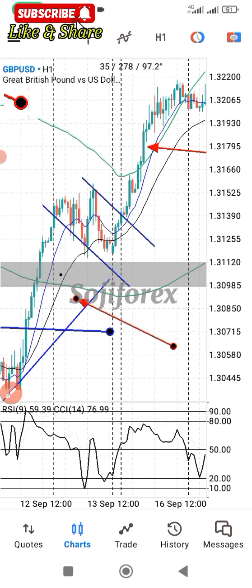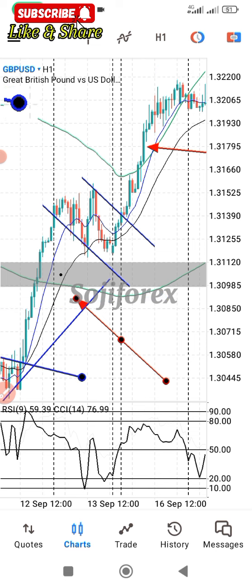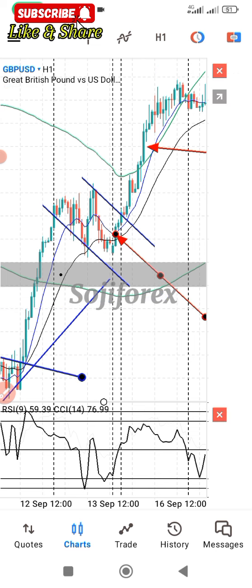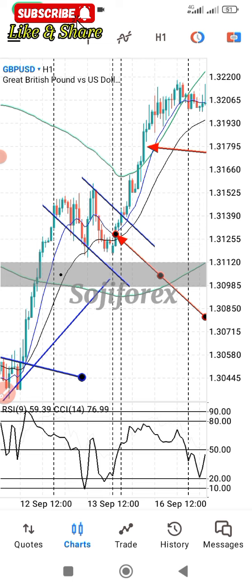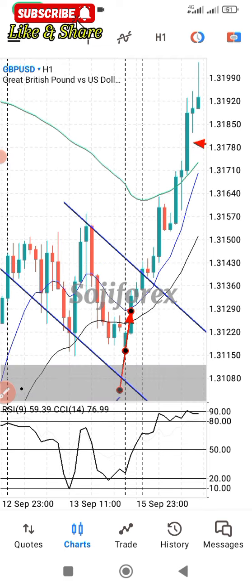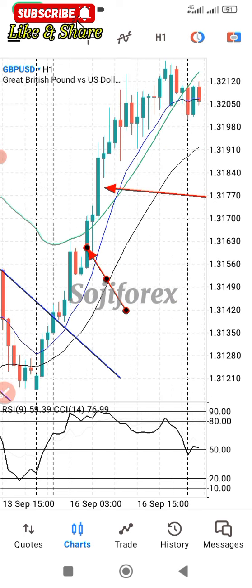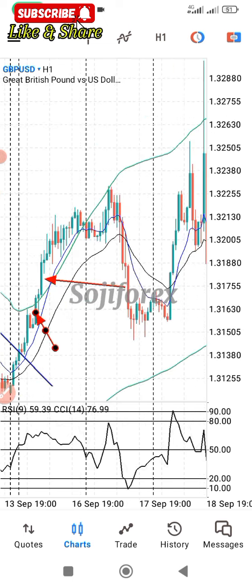Another confirmation is what you are seeing here. Right inside here, you will see the candlestick that was formed, and that gave us a more detailed confirmation entry. As far as this is concerned, you can see it gave us this bullish engulfing candlestick, and the journey to the upside began.